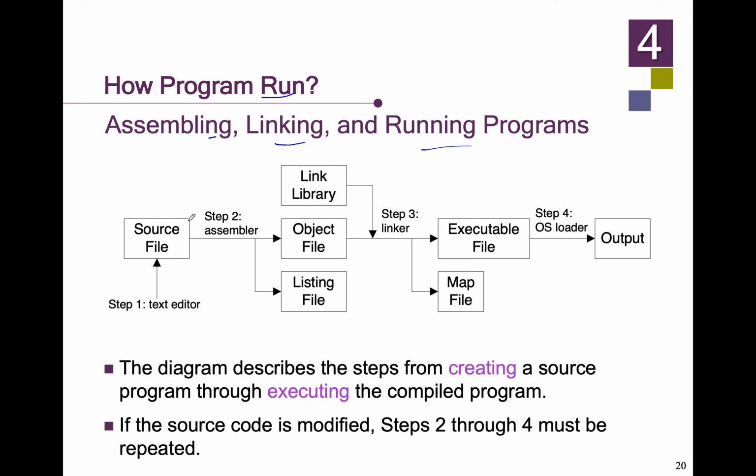What happens when you have your source file, your source code file, you're going to do assembler. This one is under assembly language. If you want to change your assembly language to your machine language, of course you need the assembler, right?